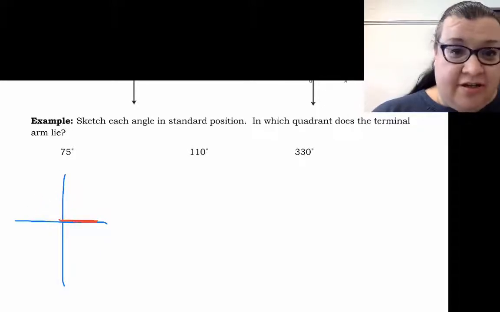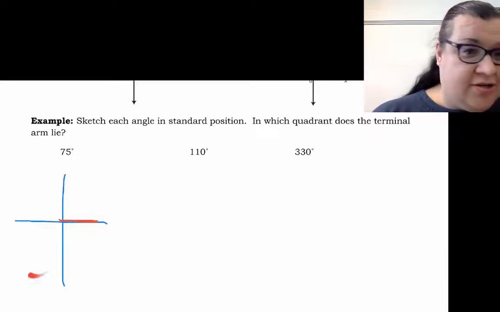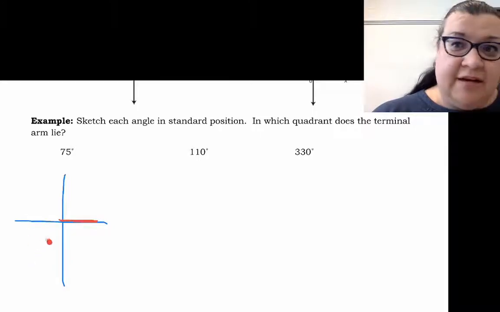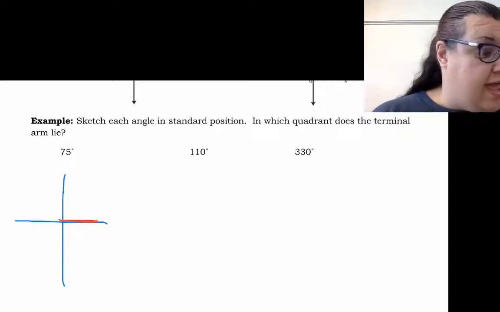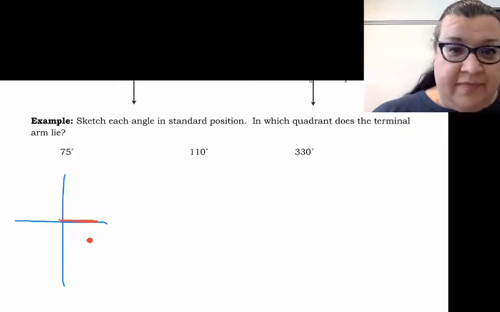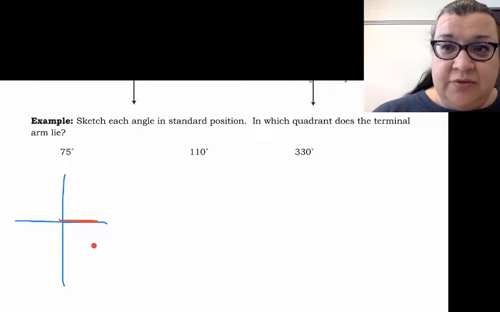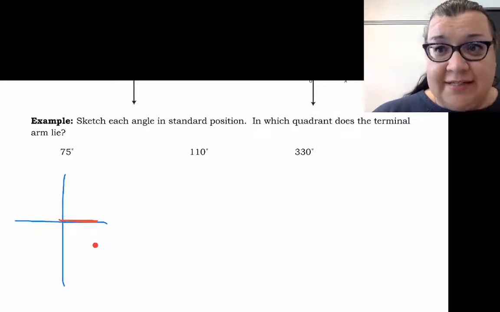Because again, your initial arm is always here on the positive x-axis. And then quadrant 3, which is down here, is for angles between 180 and 270 degrees. And quadrant 4, which is here, is for angles between 270 degrees and 360 degrees.